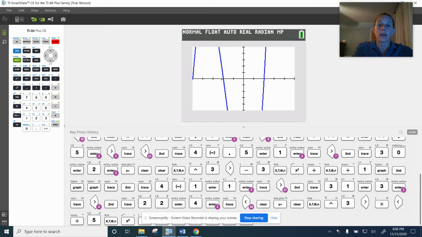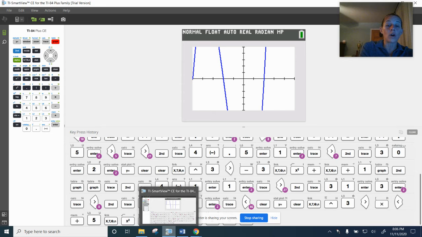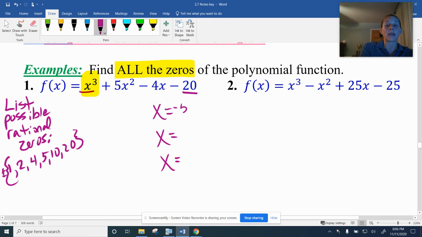I have 1 at the negative 2, and then 3, 4, 5, 1 at the negative 5. So all 3 of my x-intercepts were clearly visible on my graphing calculator. So at this point, I really don't have any more work to do. If I was only able to find 1 or 2 of these, then I might have to divide them out to solve for the remaining one.